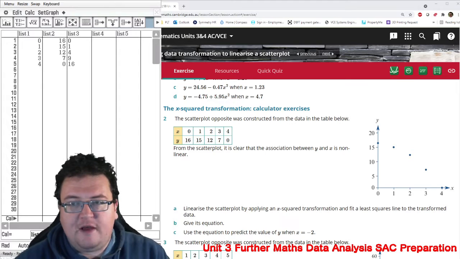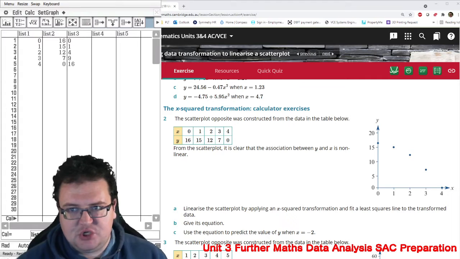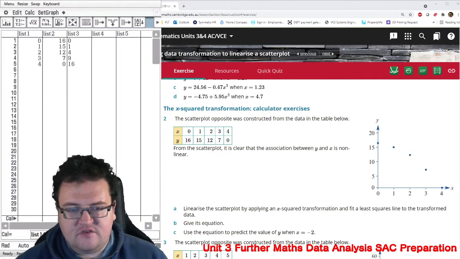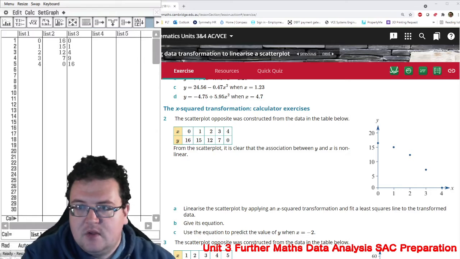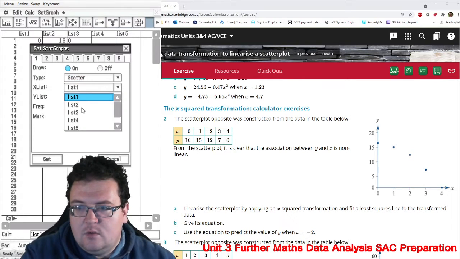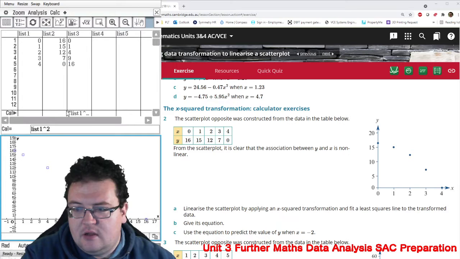Now, what we have to do is make a scatter plot, not using list 1 and list 2, but list 3 and list 2. So instead of using list 1 as our x values, we're going to use list 3 as our x values. So on our CAS scatter, we're going to do list 3, and we're going to draw our scatter plot.